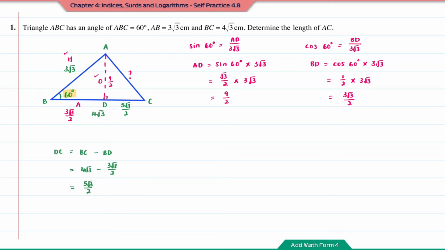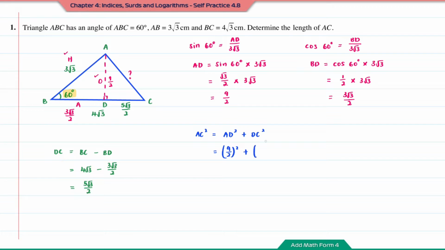As we know the lengths of AD and DC, we're going to find the length of AC using the Pythagoras theorem. AC is the hypotenuse, so AC squared equals AD squared plus DC squared. The length of AD is 9 over 2, and we're going to square it.